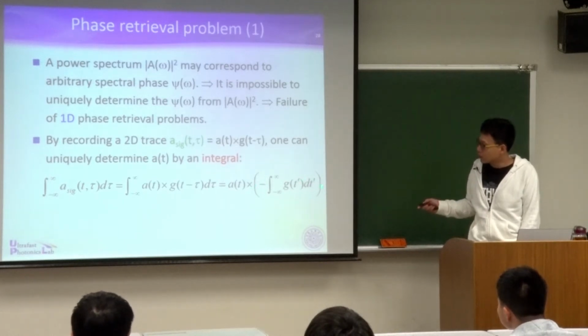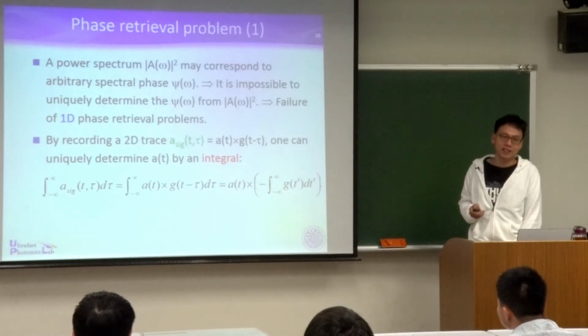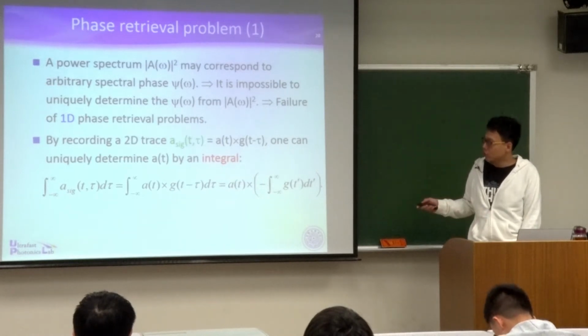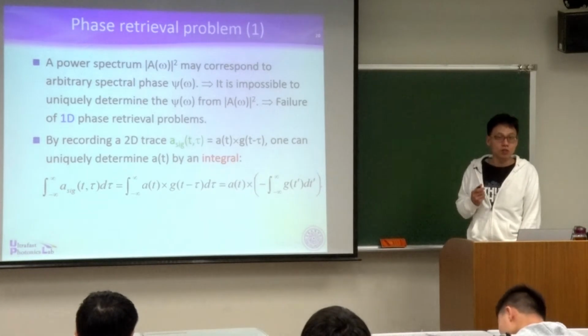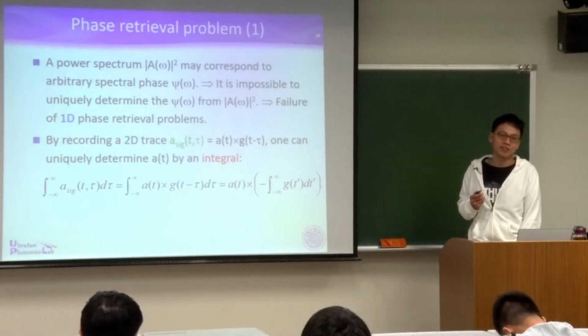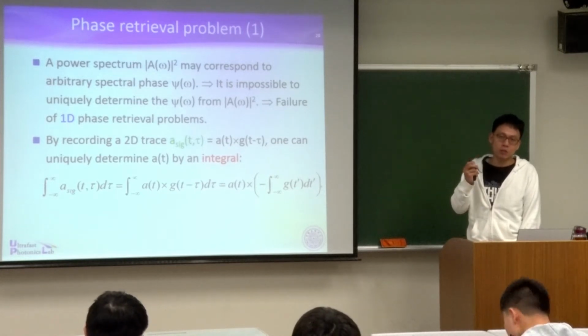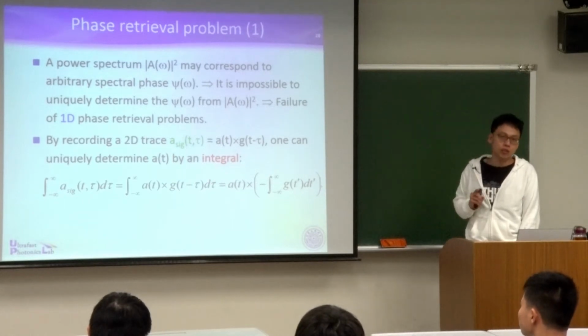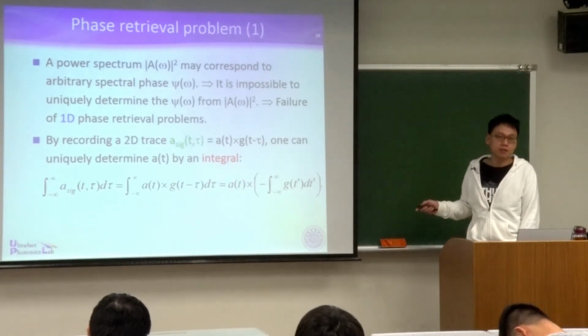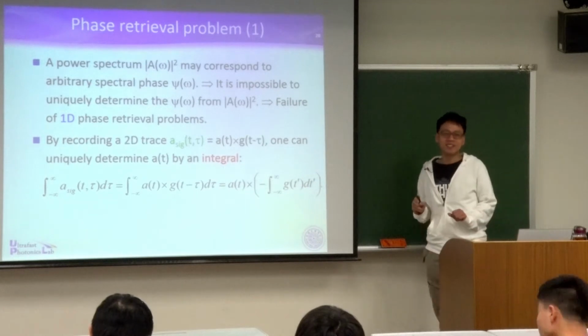But no matter what the result is, it's just a constant, right? So after the integration, you get some constant times A of t. So you got the shape of A of t already, right? So you just need a one-dimensional integration. You can recover A of t, at least the shape, uniquely, without ambiguity. Okay?